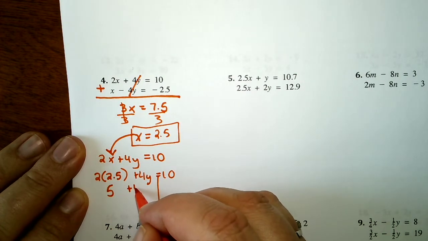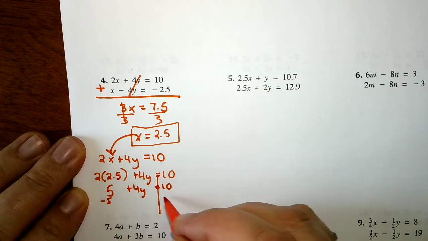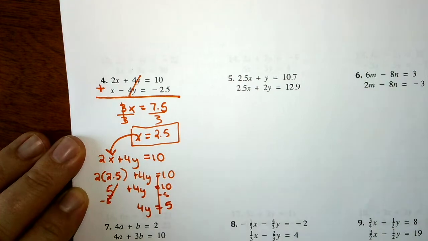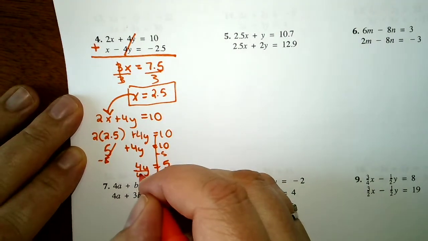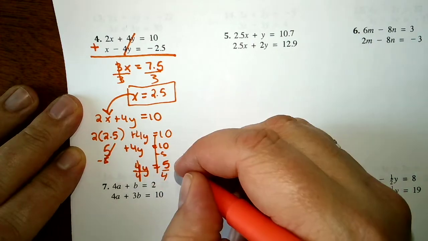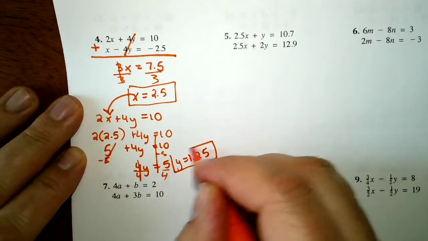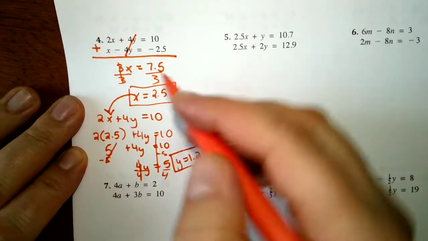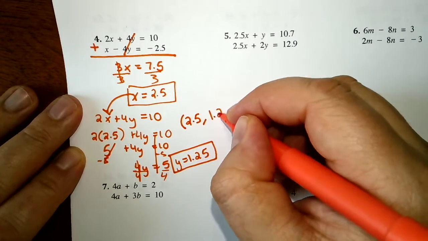So 5, subtract. So 4y equals 5. Then divide. And y equals 1.25. So if you were to graph those two lines, they will intersect at that point, 2.5, 1.25.